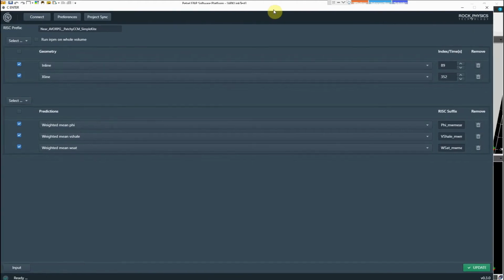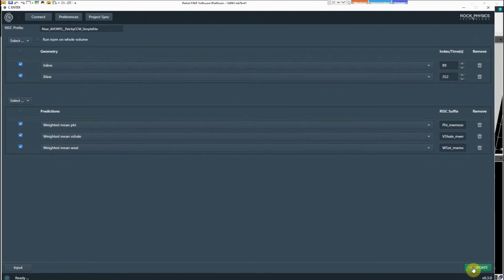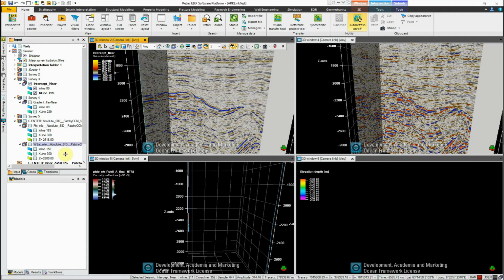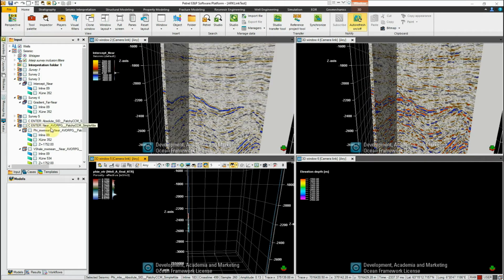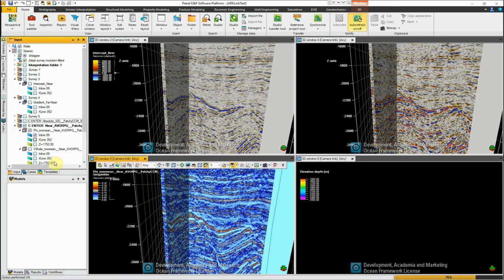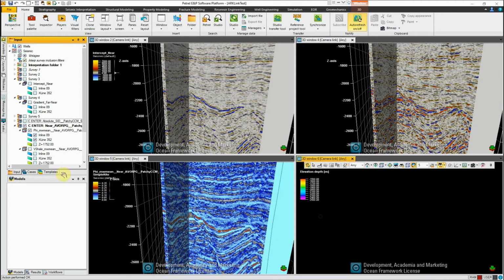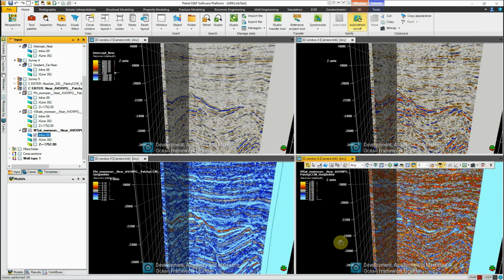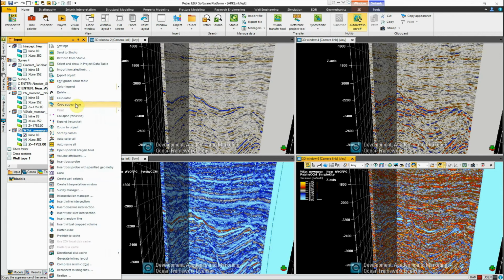So we're going to do all of those, and we go ahead and we update. So we have center near AVO RPG, so we choose inline and cross line, and we choose over here. Let's look at the saturation first.